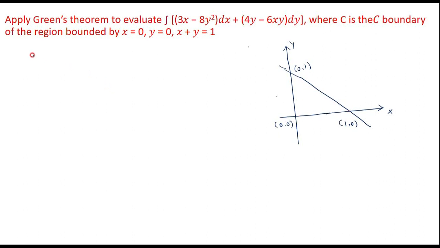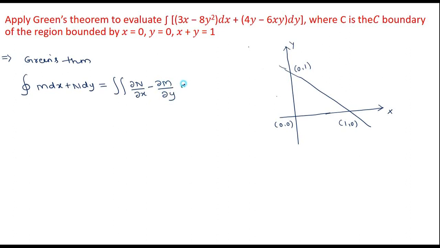According to Green's theorem, the line integral about this curve is converted into a double integration. Green's theorem states that a line integral over M dx plus N dy is equivalent to the double integration of (dou N by dou x minus dou M by dou y) dy dx.